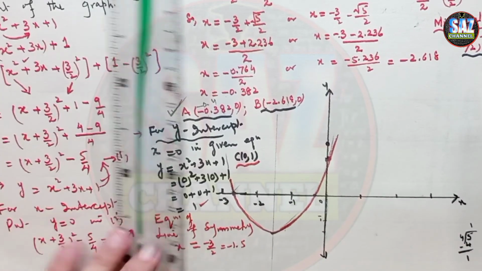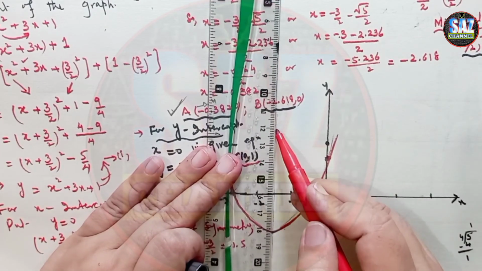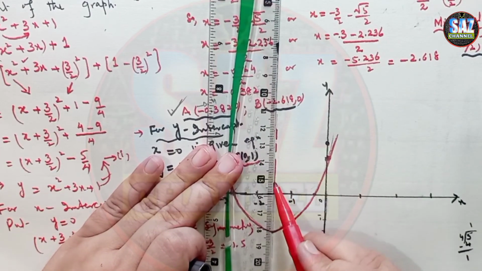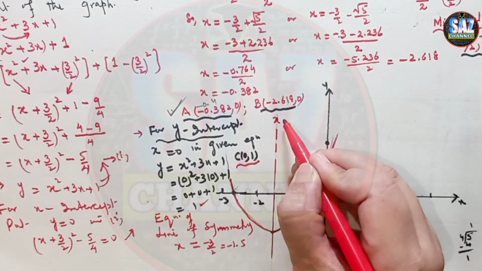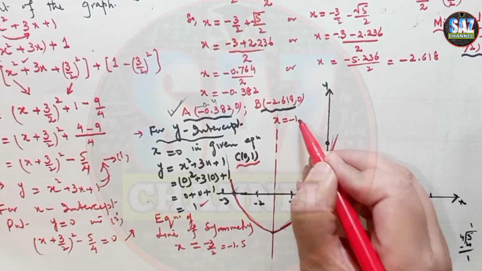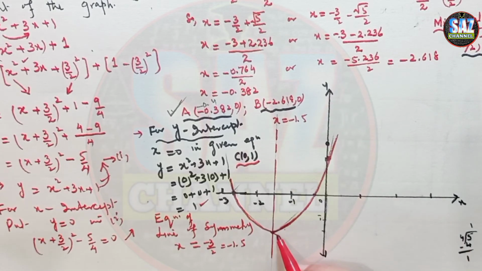And then I have to mark the line of symmetry as well. This is the line of symmetry, x equals minus 1.5, and the minimum point is minus 1.5 with minus 1.25.